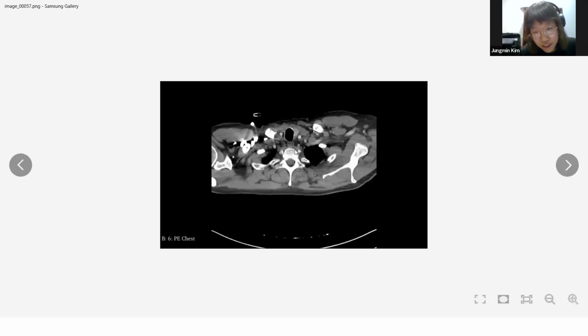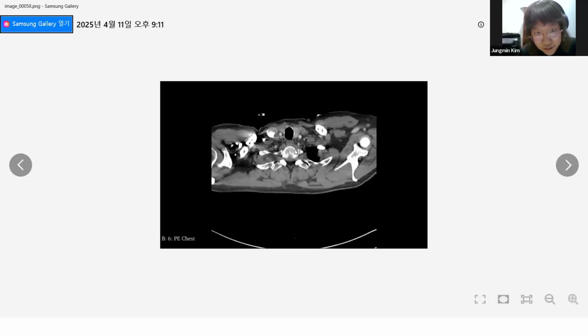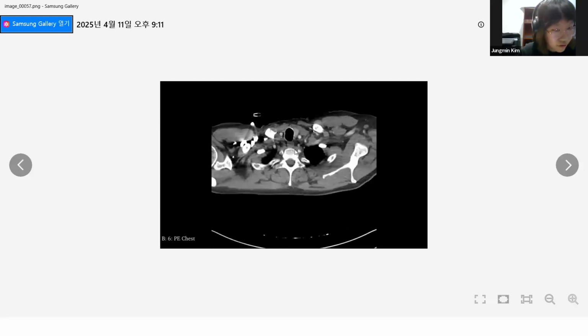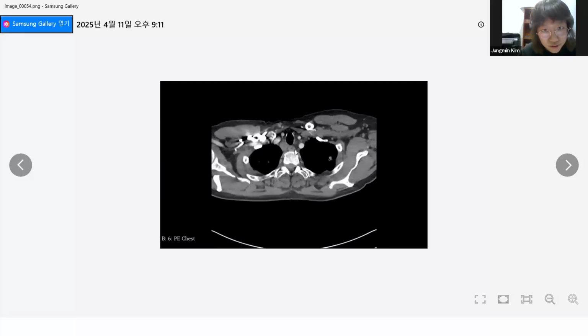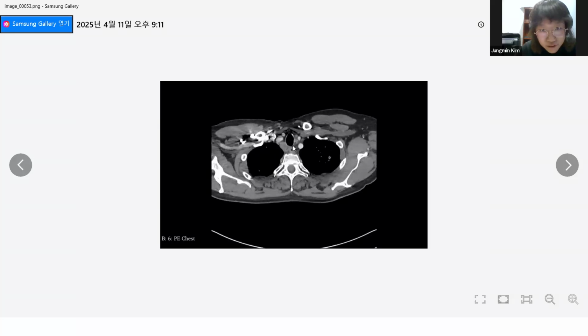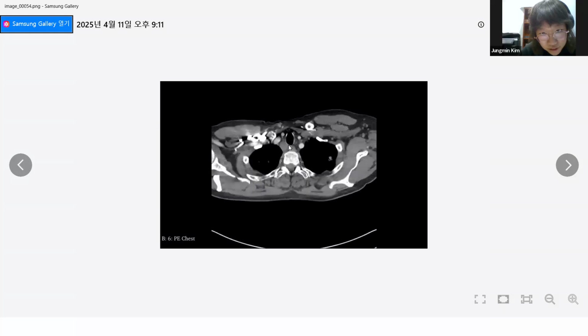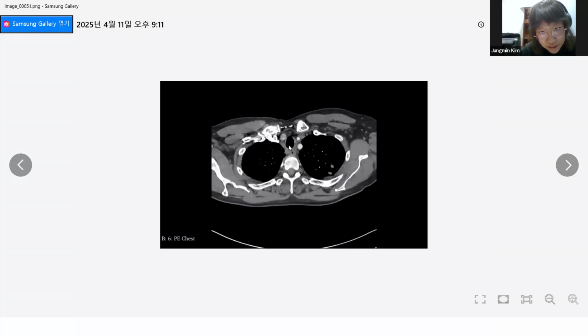So let's look at a real patient case. Okay. You see something enlarged right here. This is the esophagus, this is the trachea. And you see something right here. It's not a vessel because if you go up and down, you can see it's not connecting to any other structure.